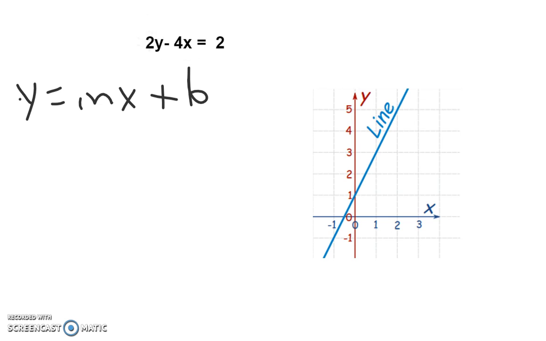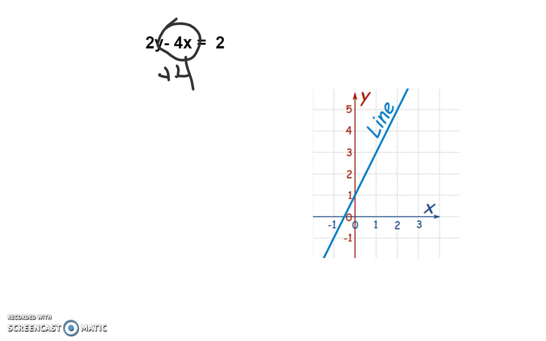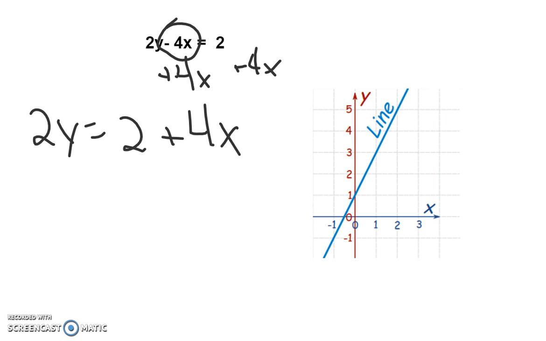If I look at that, it's really going to be a two-step process here. First thing I have to do is get rid of this minus 4x. To get rid of that minus 4x, all I have to do is add 4x to both sides. So I'll have 2y is going to be equal to 2 plus 4x.